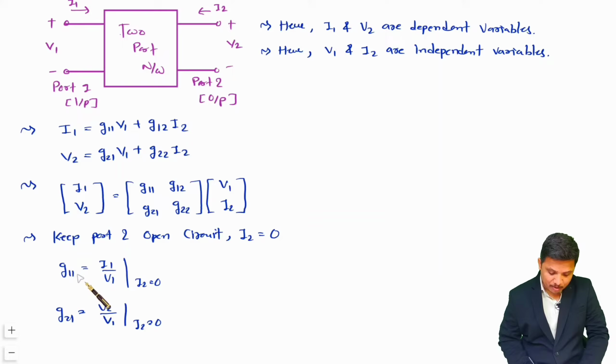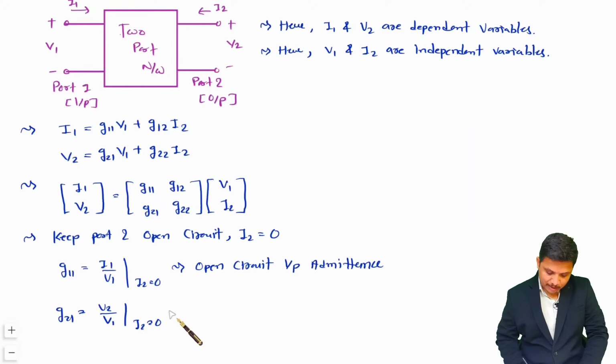Now, what is the name of G11? It is current by voltage, the input current by the input voltage, since 1 is the input. So I1 by V1, the input current by the input voltage, means this is the open circuit input admittance. Now G21 is a ratio of voltages, the output voltage divided by the input voltage.